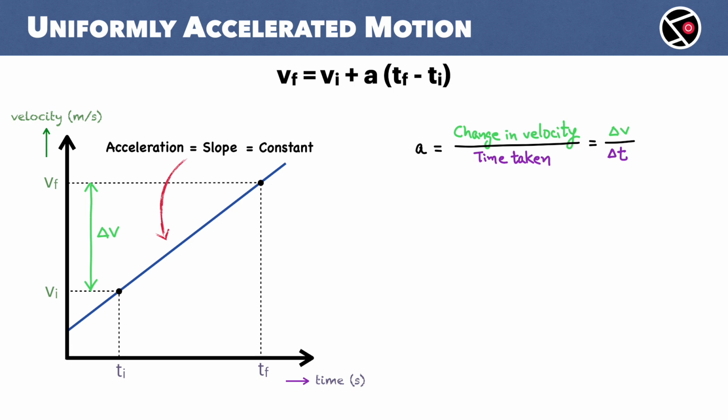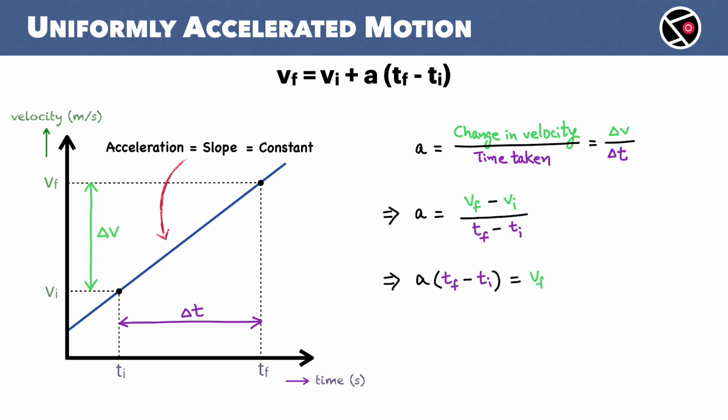Delta t is Tf minus Ti. Therefore, multiplying both sides by Tf minus Ti. Finally, Vf is Vi plus A times Tf minus Ti.